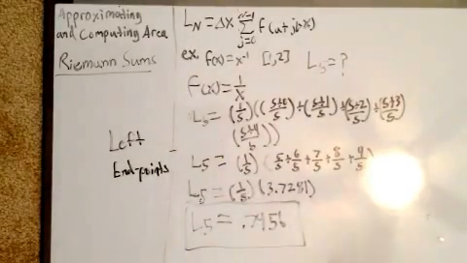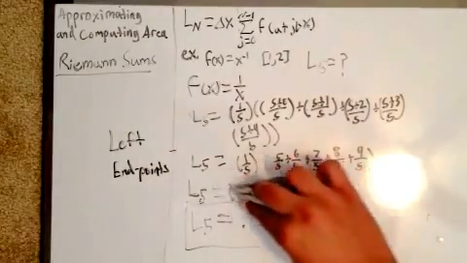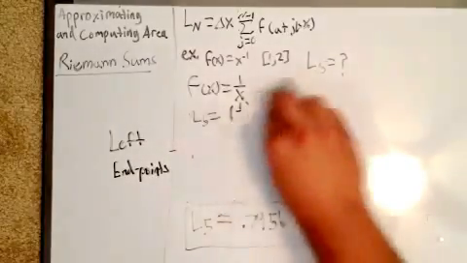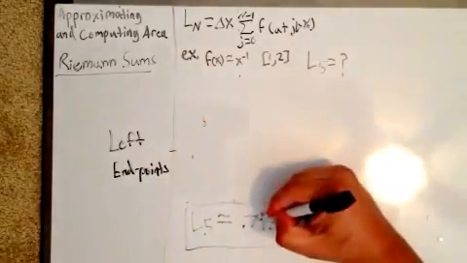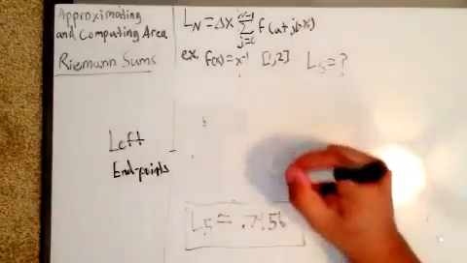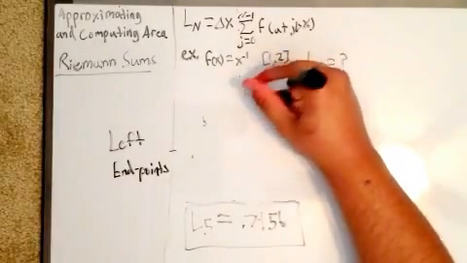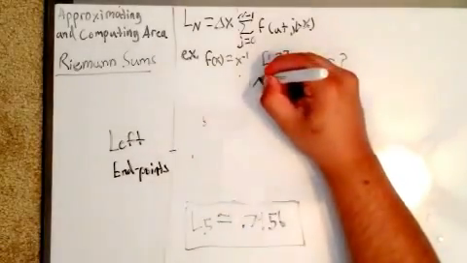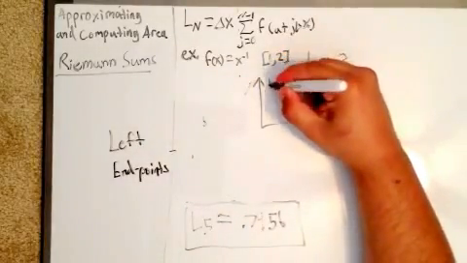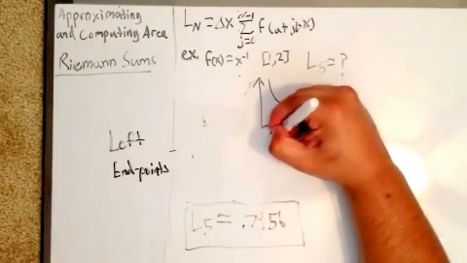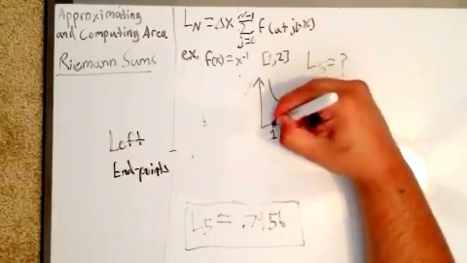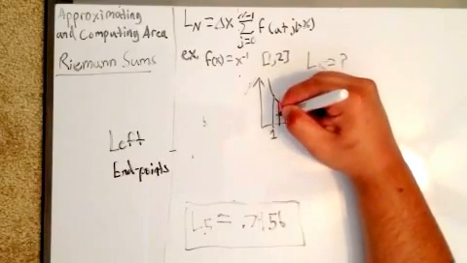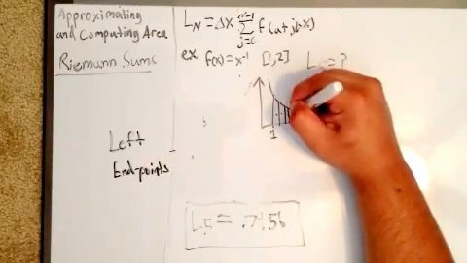So the area between the graph and the x-axis is equal to 0.7456. If we redraw that, it looks like that. So 1 to 2. What we did is we split it up into 5 different triangles: 1, 2, 3, 4, 5.